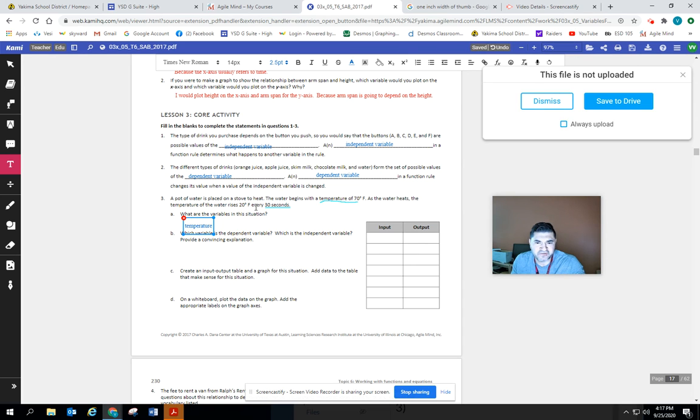We already have temperature here. Every 30 seconds, seconds is a unit of time. Okay. So I have temperature, and then seconds is a unit of time. So I'm just going to write time.